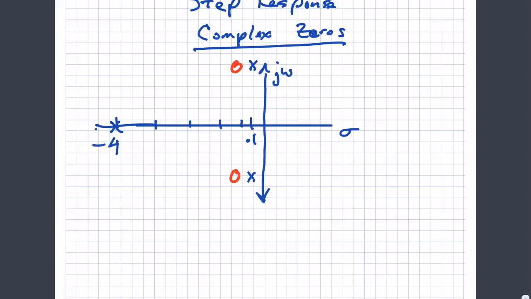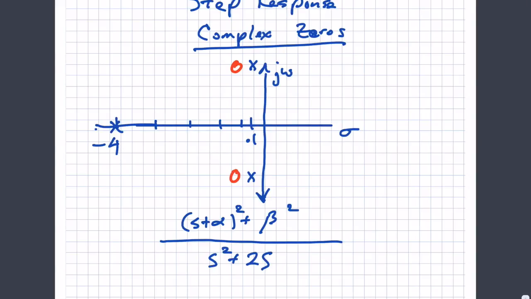All right, so we could look at s plus alpha squared plus beta squared. That gives us a complex set of zeros. And on the bottom, we have our usual s squared plus 2 zeta omega n s.